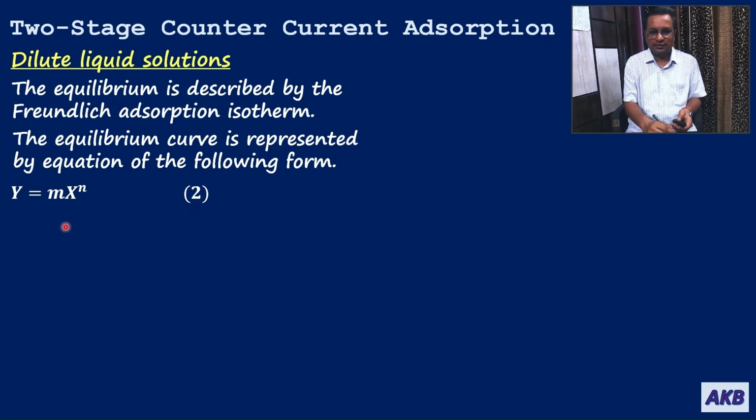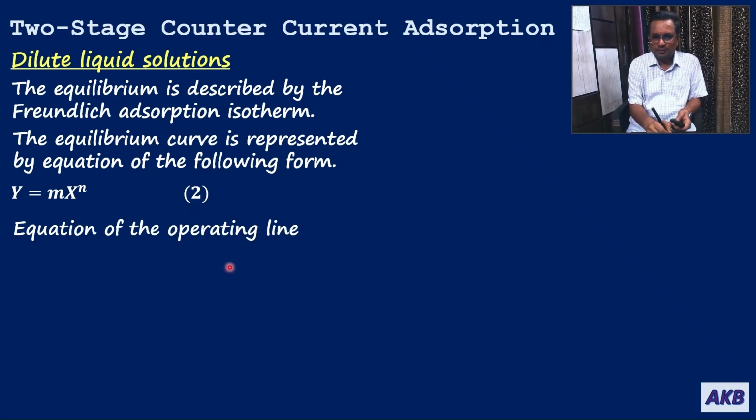So whenever you are solving any numerical that is based on a Freundlich adsorption isotherm, you have to get the values of the constants, and you can obtain them by plotting the data that is given to you.